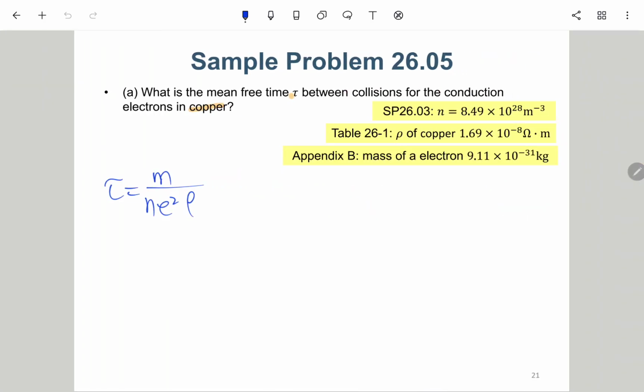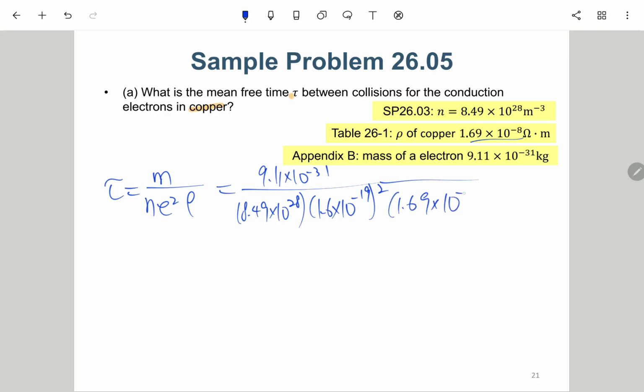Okay, so we can plug in all the numbers. The mass of the electron is 9.1 times 10 to the negative 31. Then n is 8.49 times 10 to the 28th power, and then e squared is 1.6 times 10 to the minus 19 squared, and then rho is 1.69 times 10 to the negative 8.